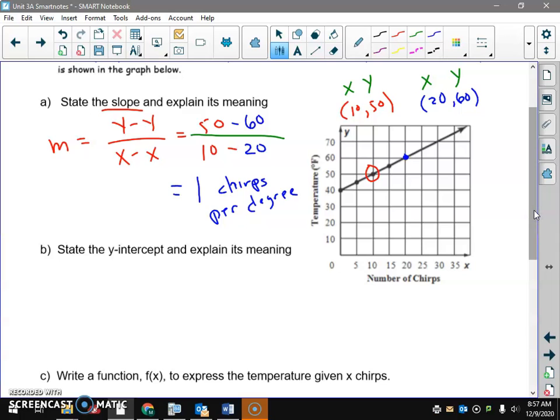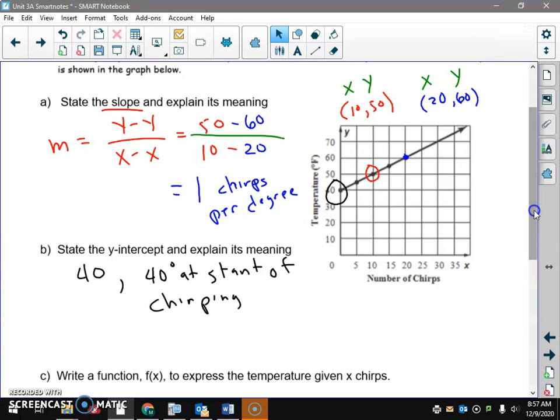The y-intercept, where does it cross the y-axis? Right here. That would be 40. And the answer is 40 degrees at the start, like we always say, of chirping. You don't hear chirping if it's 40 degrees or colder.